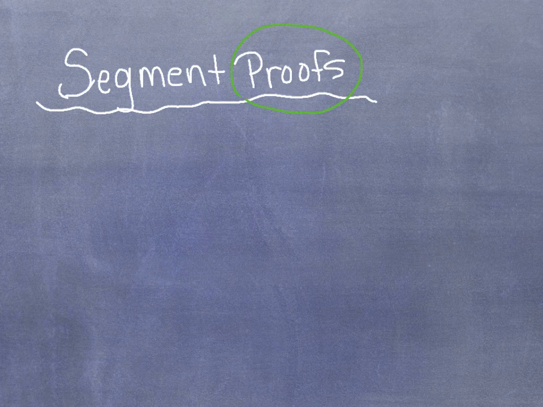I know you're probably thinking to yourself, when am I ever in my life going to use this? When you get done with this, you're going to be saying that to yourself. Just remember that a proof is what you're trying to do to explain steps, and you're trying to explain why. No matter what profession you go in, you're going to have to understand a process or a pattern.